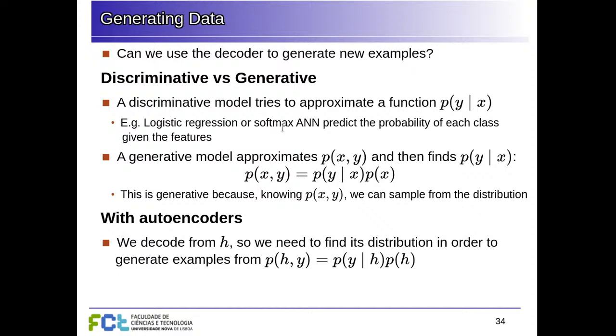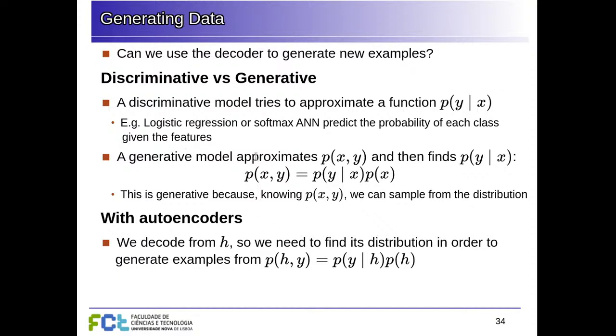This will give us a probability distribution. We are trying to find this kind of function where the output of our network, the class in which we classify our example, is conditioned on the input. But we are only approximating this kind of conditional probability: given the input, this is the output that we expect.